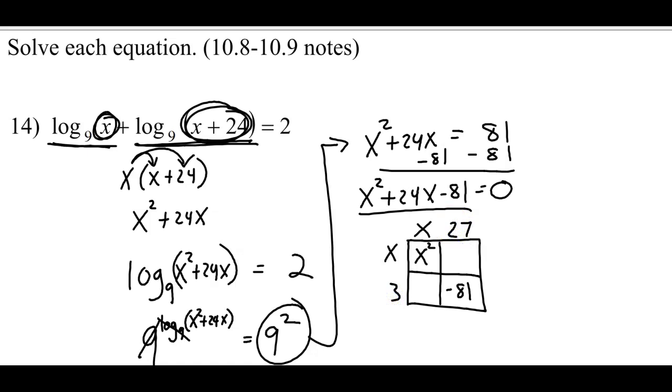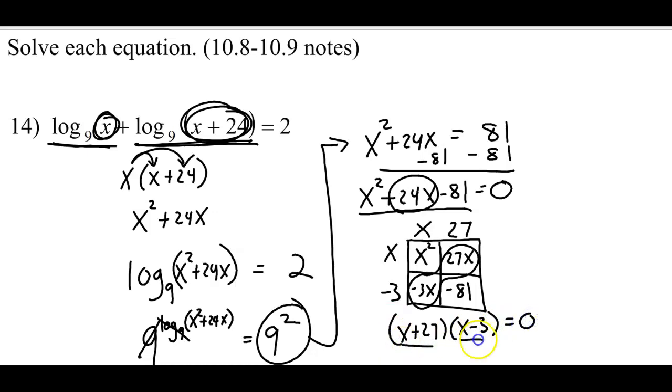I'm pretty sure that'll work. 27x and negative 3x. Yeah, so these are going to add up to make the middle number here. Okay, so we have x plus 27 and x minus 3. We're going to set both of these equal to 0 and solve.